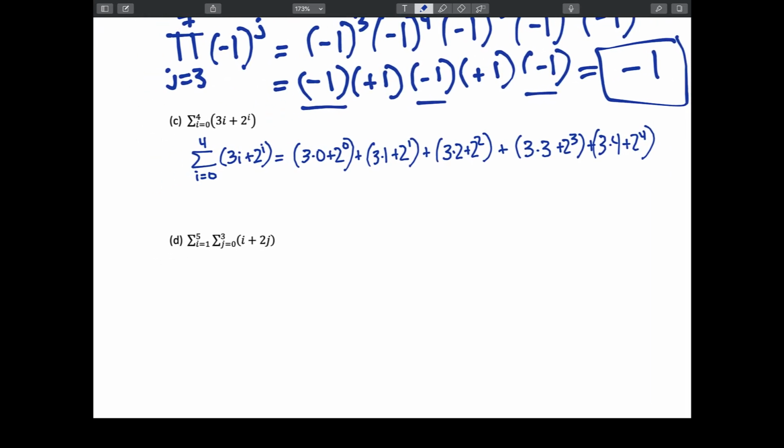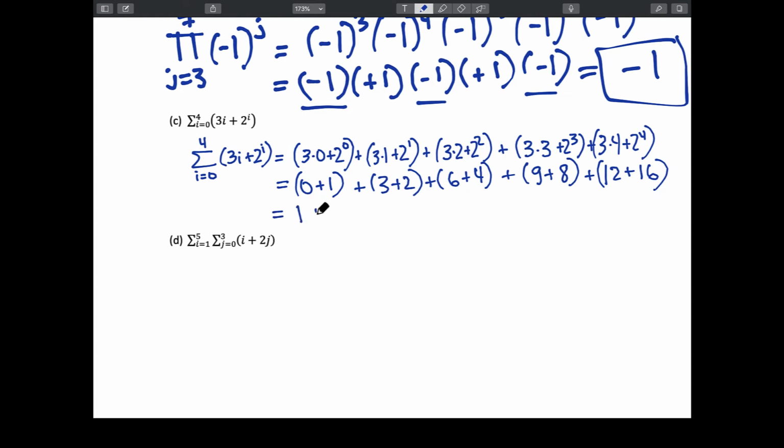So now we need to put all that together, and that's just 0 plus 1 for that first piece, plus 3 plus 2 for the second, when i was equal to 1, plus 6 plus 4, plus 9 plus 2 cubed, which is 8, plus 12 plus 16.